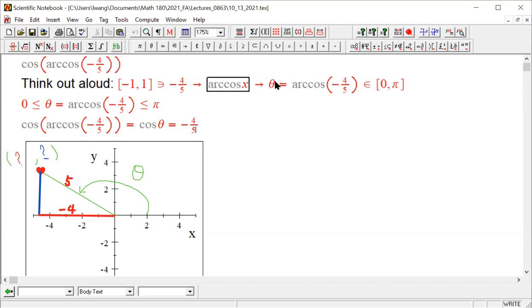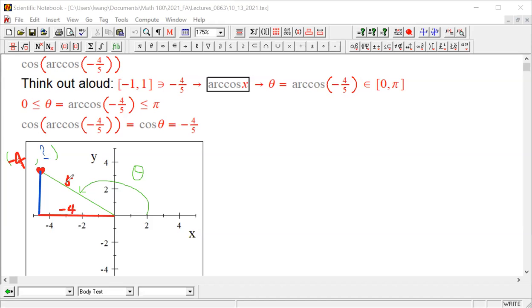All right. So without further ado, let me just wrap this up, meaning that the red number here is -4. The blue number we don't need to know. If you want to know, it's actually 3, because we're familiar with this triangle, 3, 4, 5.